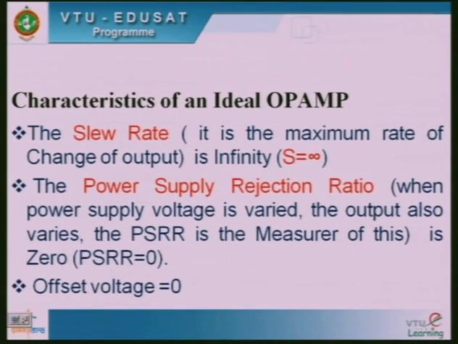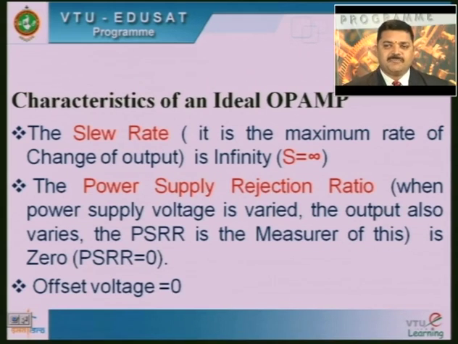Next, the slew rate. What is slew rate? It is the maximum rate of change of output with respect to time. Slew rate for an ideal op-amp is infinity, and some maximum value for the practical op-amp. Slew rate results due to the presence of one capacitor in the equivalent circuit of the op-amp.